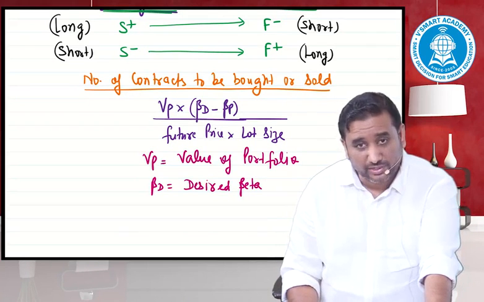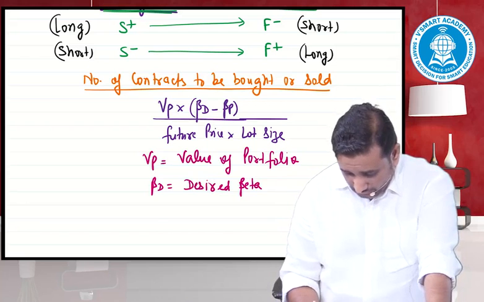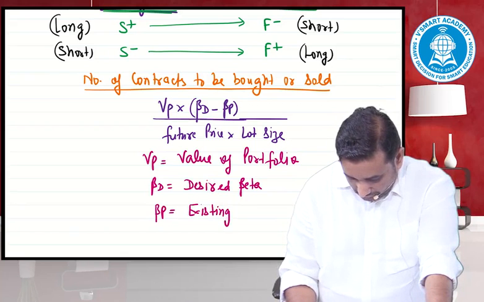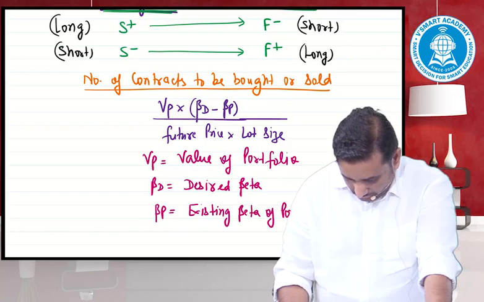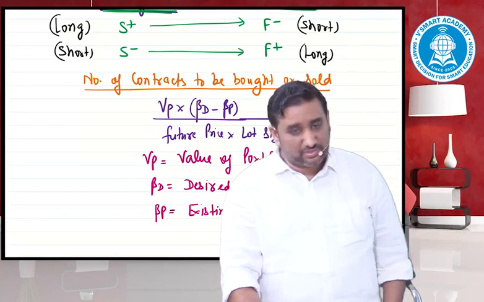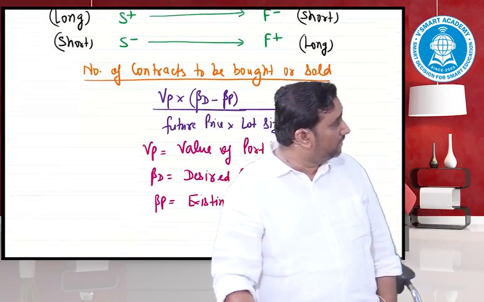Desired beta is what you want to make it, 0.5, 0, 0.2. BP stands for existing beta of portfolio. Future price is the Nifty future price, whatever it will give you, and lot size.